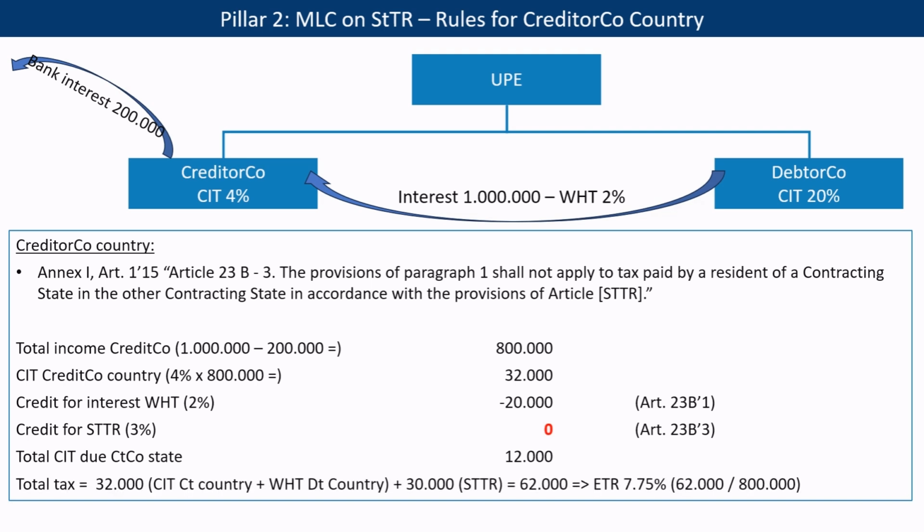And then if we look at the total tax paid, it is 32,000 in creditor-co country plus 30,000 STTR in debtor-co country. That's 62,000, and 62,000 out of 800,000, which is the taxable income in creditor-co country, gives us an effective tax rate of 7.75%.